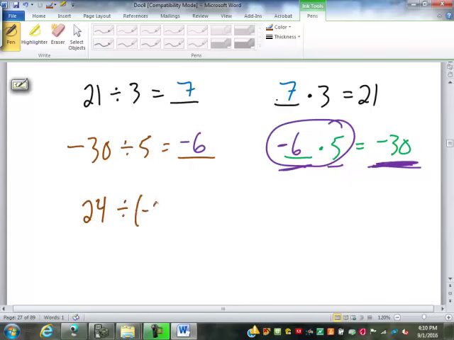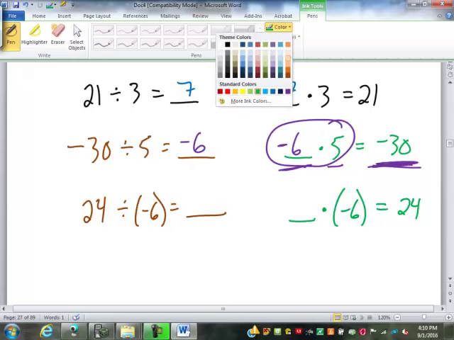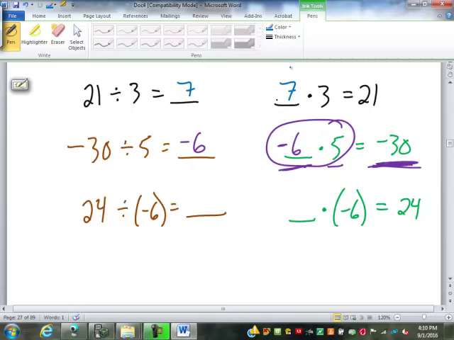24 divided by a negative 6 equals blank. Again, that's asking us to solve this multiplication problem. What number times negative 6 equals 24? Now, when we multiply, if we get a positive result, there's one of two possibilities. Either both numbers were positive, or both were negative. Well, this one's negative, which means this one must also be negative.